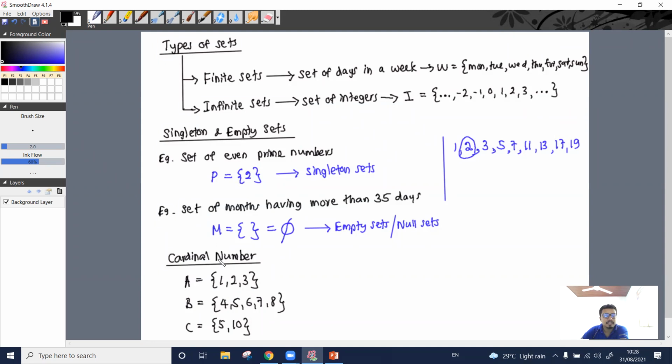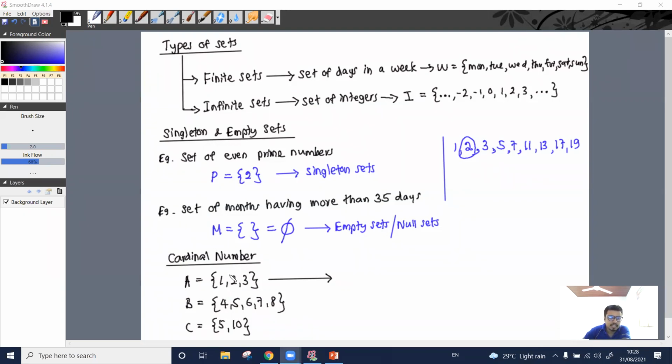If I ask the same question like this, how many elements are there in set A? Yes, there are 3 elements. So the cardinal number means the same: how many elements are there in the given set?